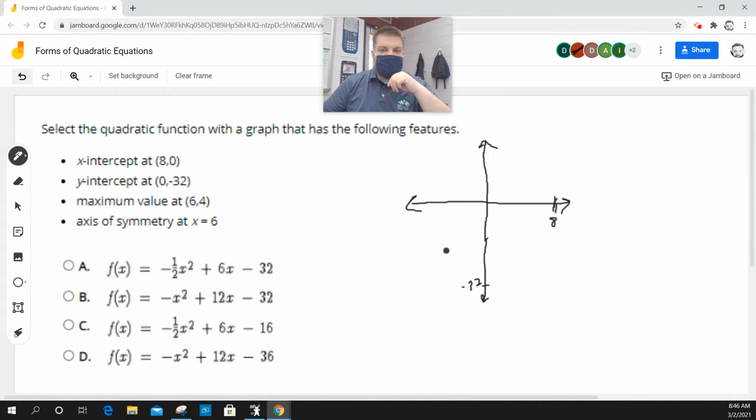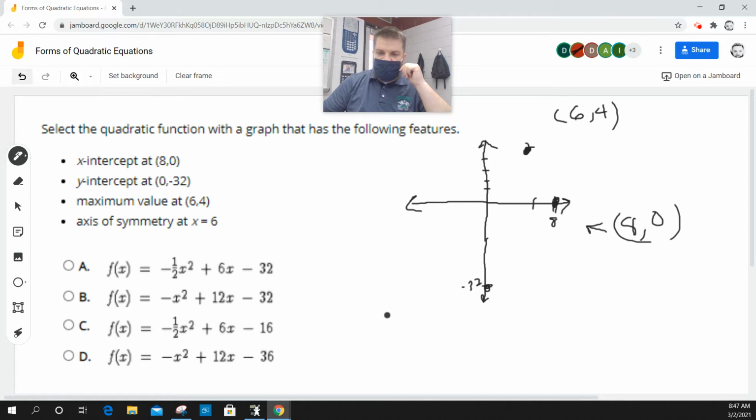It has a maximum value at 6, comma 1, 2, 3, 4. Right here. So it's got a point here, a point here. This point is 6, comma 4. This point here is 8, comma 0.